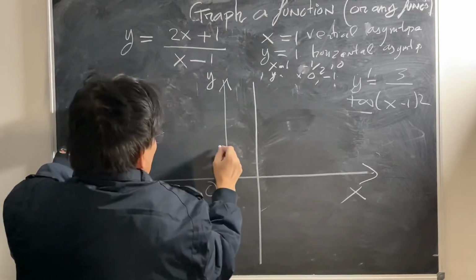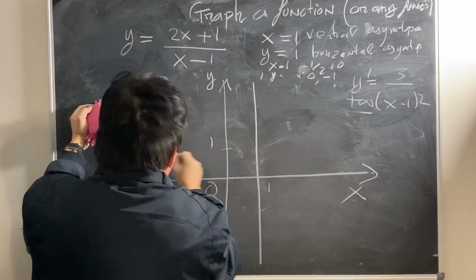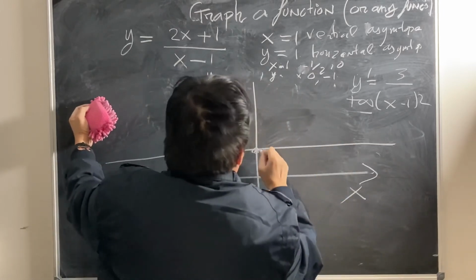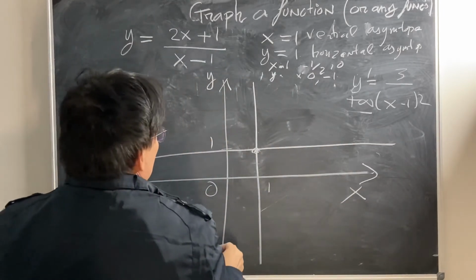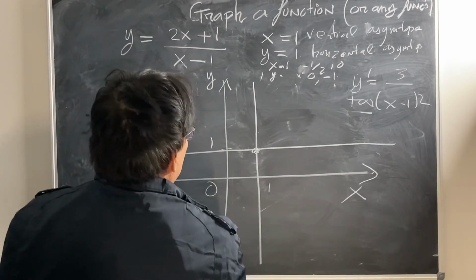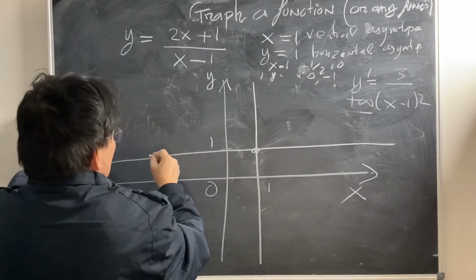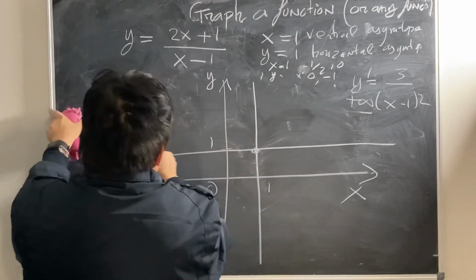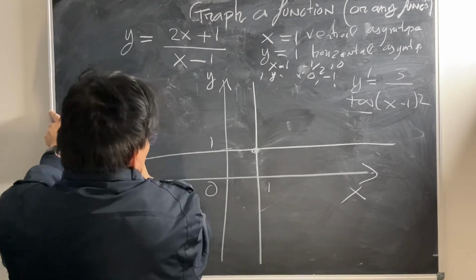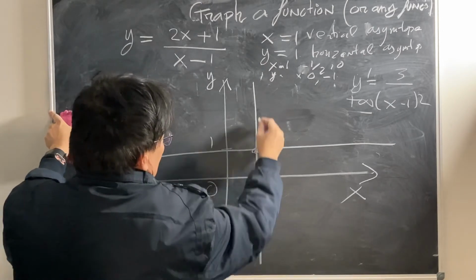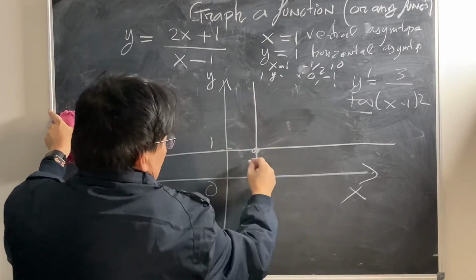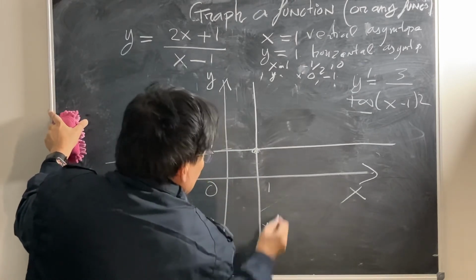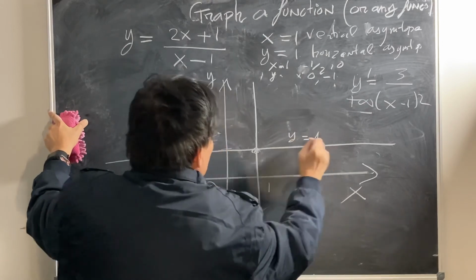It's right here, 1 right here, and 1 here. Since we know the function is going up, it cannot go this way. It goes between these two lines, this one x equals 1 and this one y equals 1.